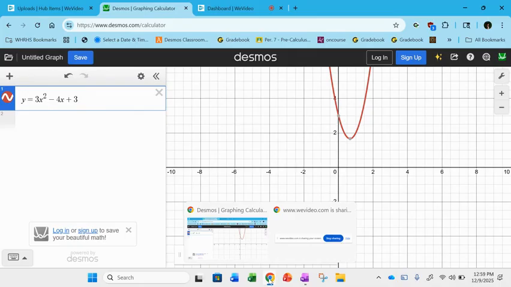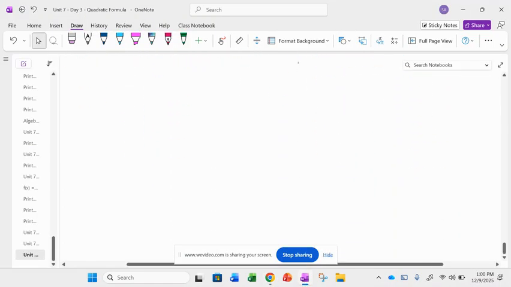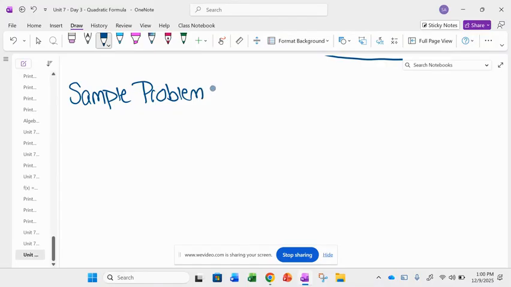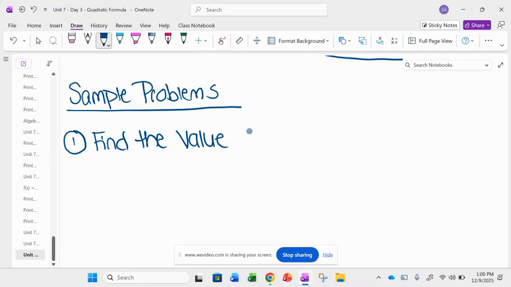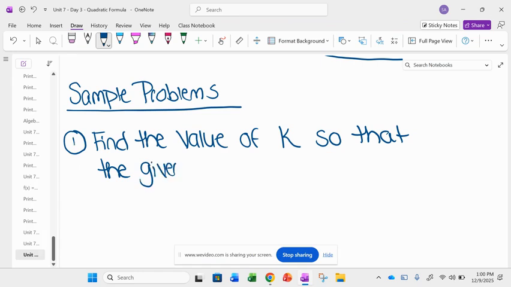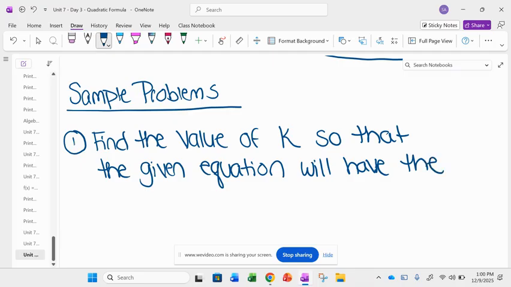All right, so now let's do a sample problem of what I might ask you. I'm going to say find the value of k so that the given equation will have the specified root.